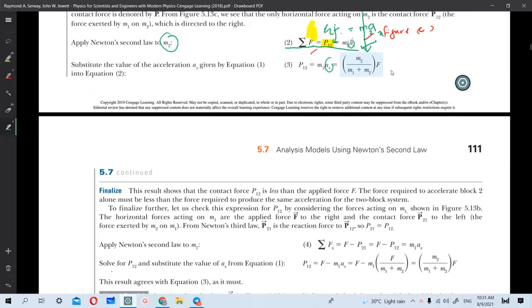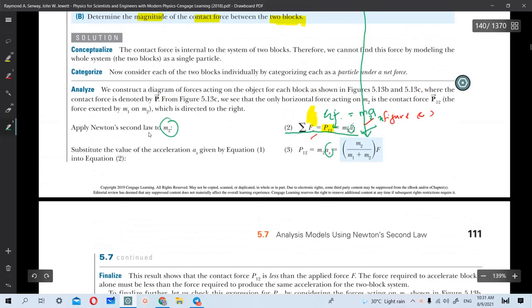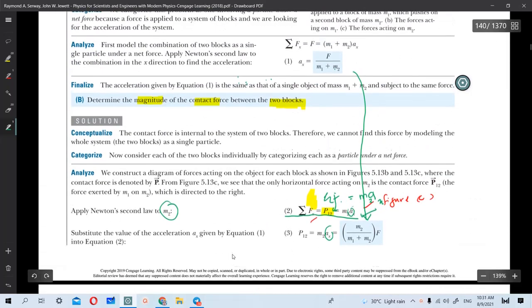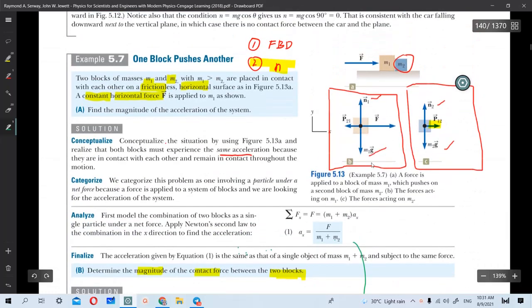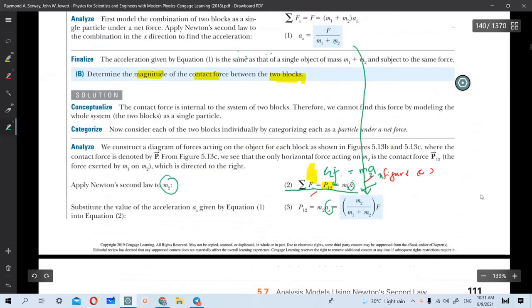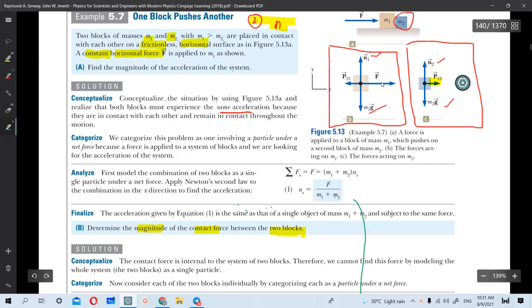Now, if we just looked at M2, what if we look at M1, mass 1? So mass 1 would be looking at figure B. Based on figure B, we find that the forces in the x direction are F and also P21.